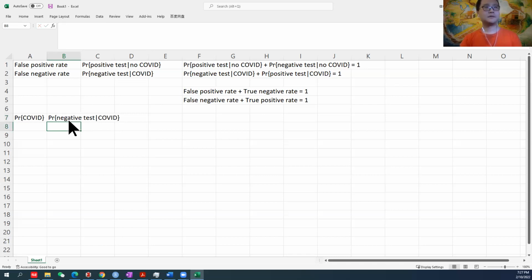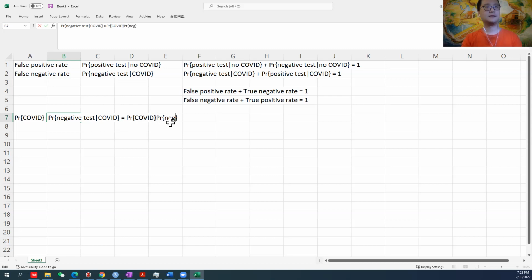As the rule of conditional probability states, to calculate such a conditional probability, we should first insert this COVID probability, then we calculate the probability of both.